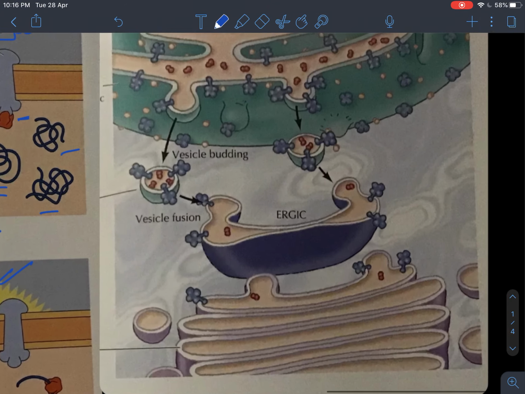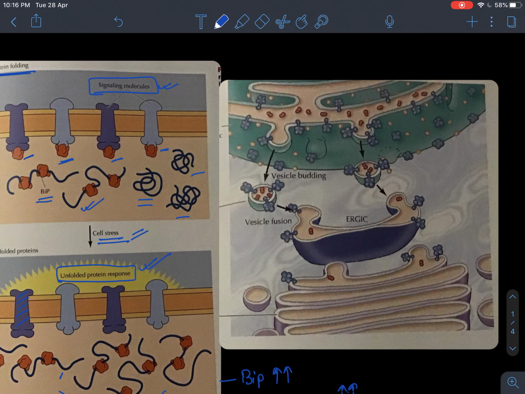And finally, how these proteins which are being processed and sorted within the endoplasmic reticulum come to the plasma membrane or their final destination is by vesicle budding. This vesicle budding, that means formation of vesicle, always happens from the transitional endoplasmic reticulum, and then they are joined with the ERGIC, that stands for endoplasmic reticulum Golgi intermediate complex.